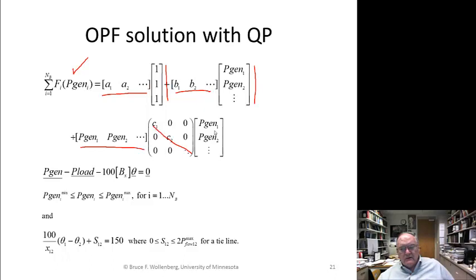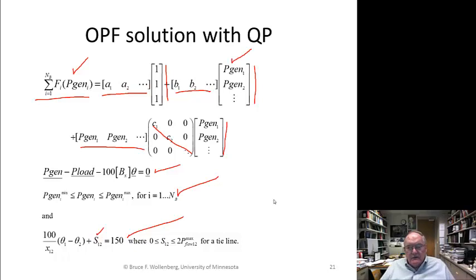There are the C values across here times p gen. So this is just the sum, just like we had before, but expressed in this notation with the p gen vector. Same p gen minus p load equation we had before, same inequalities on each generator. Here's my slack variable, same for the transmission line limits, and so the quadratic programming solution will work quite well.